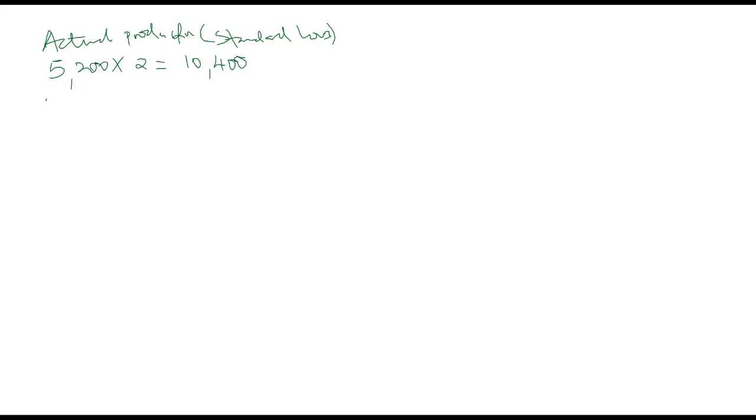So actual hours is equal to 10,800. Therefore, how efficient were the workers in this particular company, based on the hours they took? For instance, the amount it should have taken is 10,400, but they took 10,800, therefore they are inefficient in a way.